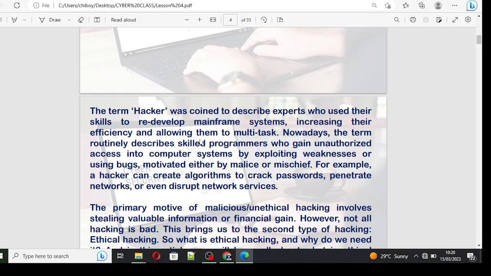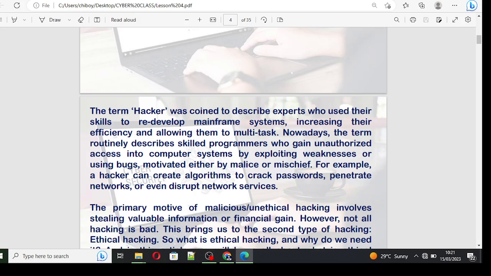The term hacker was coined to describe experts who use their skills to develop mainframe systems, increasing their efficiency and allowing them to multitask. Nowadays, the term routinely describes skilled programmers who gain unauthorized access into computer systems by exploiting weaknesses or using bugs, motivated either by malice or mischief.